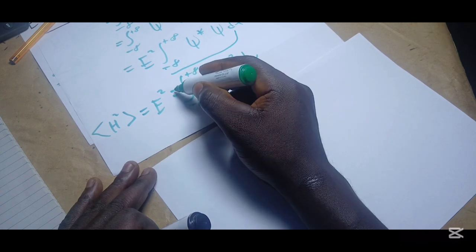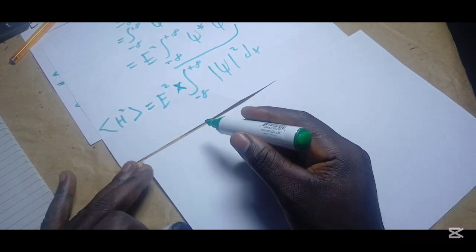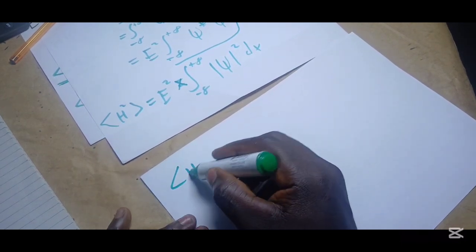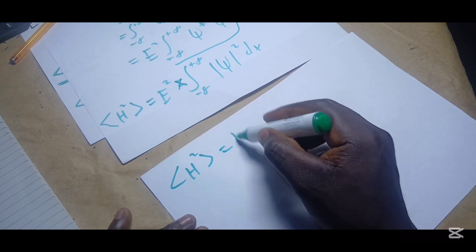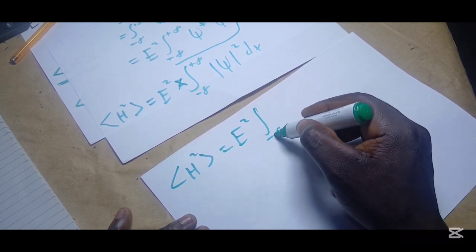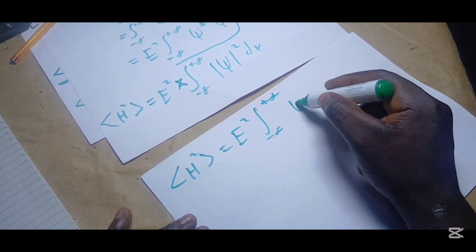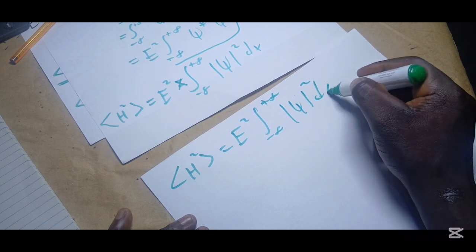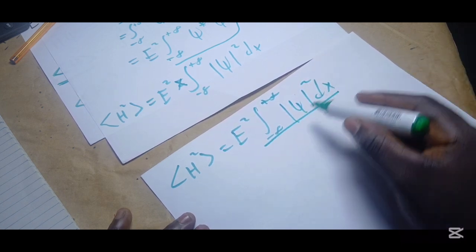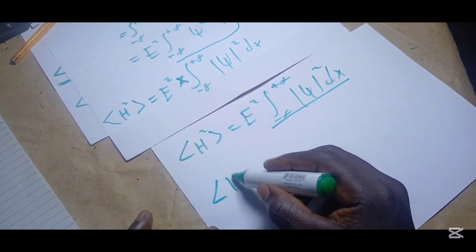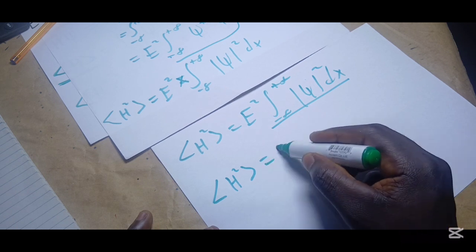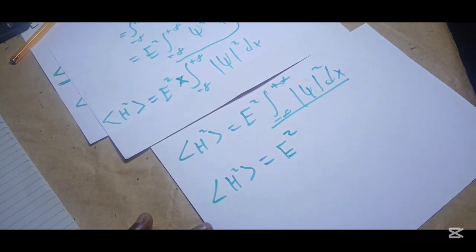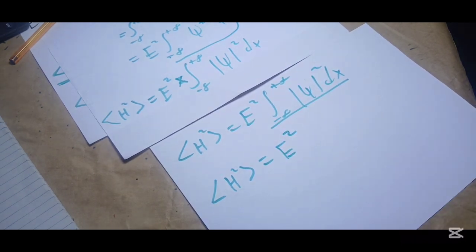Sorry, this should be multiplying. So if this term equals 1, then the expectation value of the Hamiltonian square should be equal to the square of the allowed energy value.